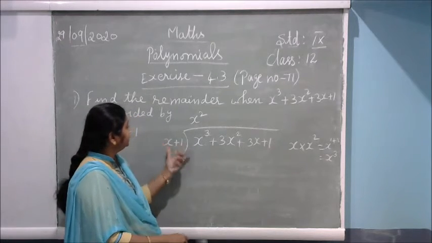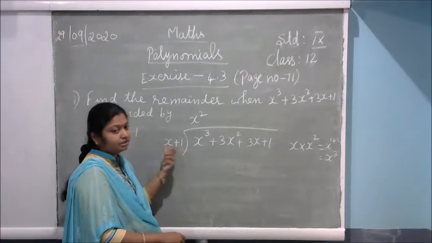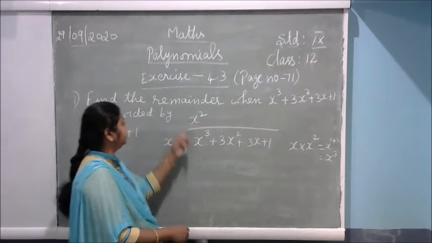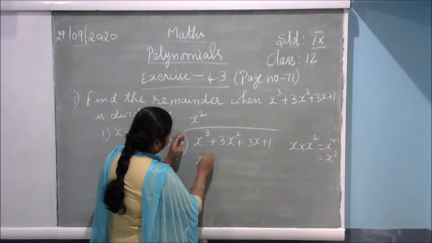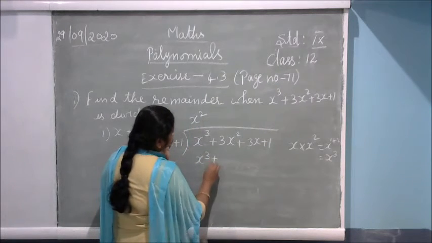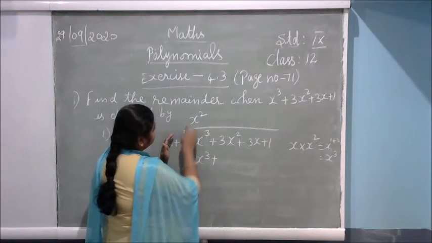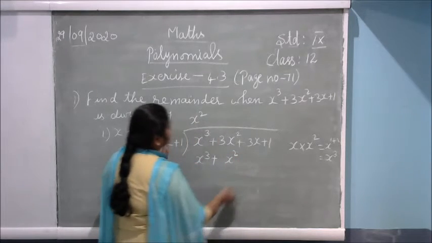So you have to multiply the divisor with x square. First, x square into x gives x cube. The next term, 1 into x square, will give plus x square.